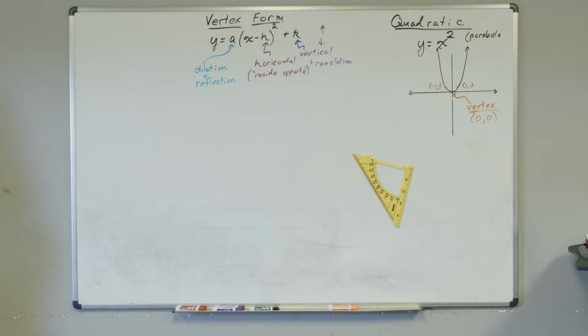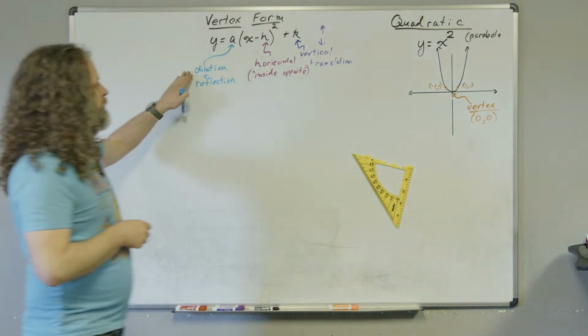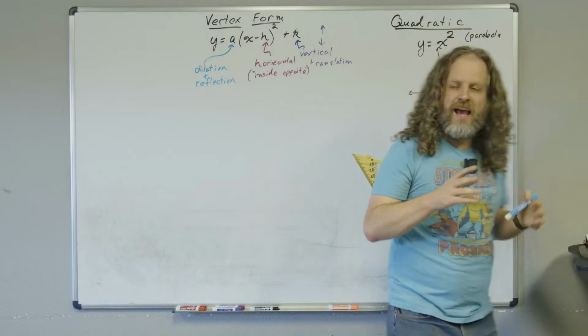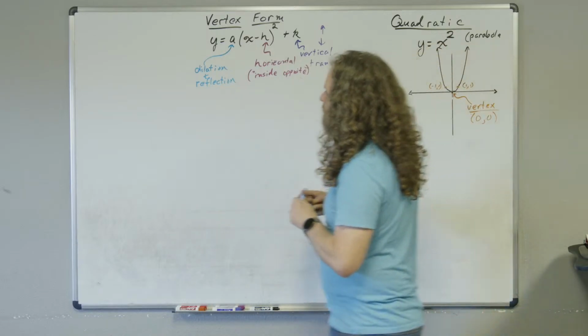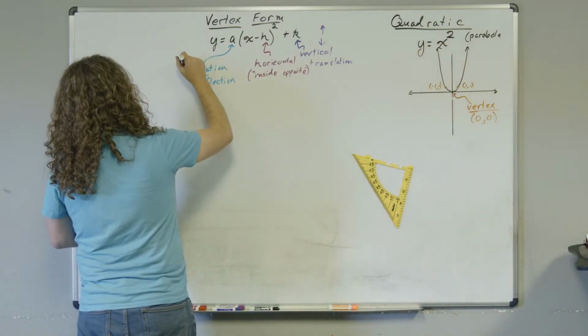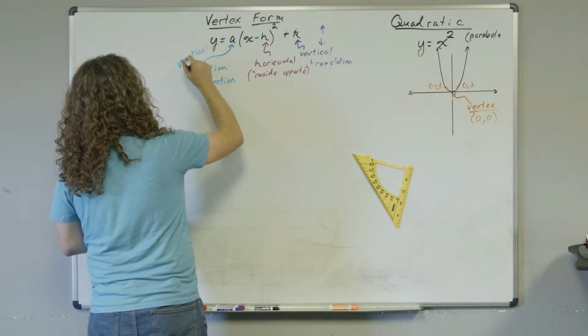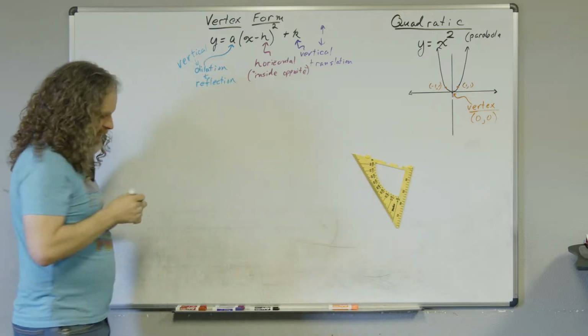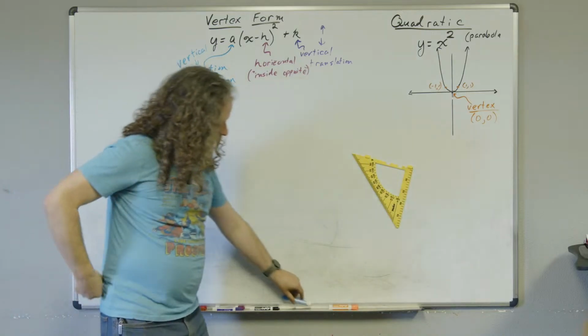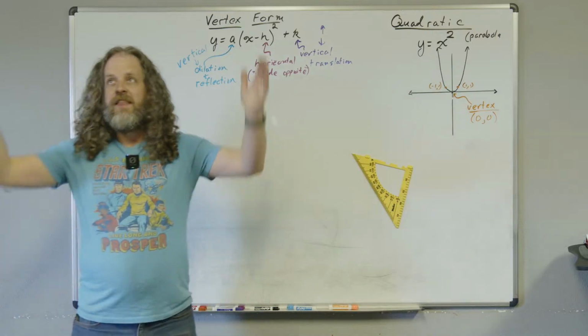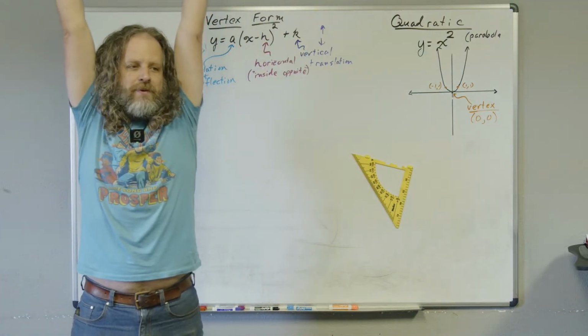Your pupils get bigger. So the dilation, if A is big, if A is 6, then what this does now, this is vertical. Now this is kind of where it gets a little bit tricky to understand what's happening. This is vertical. Okay? So if A is like 6, then it stretches up.